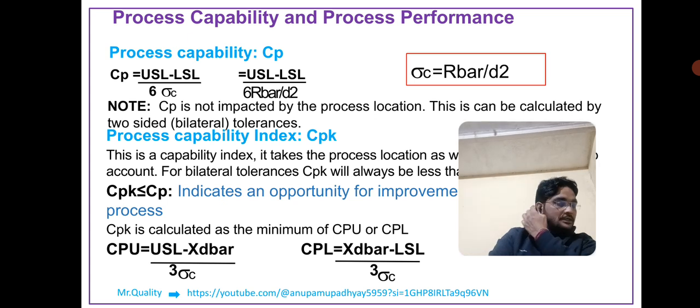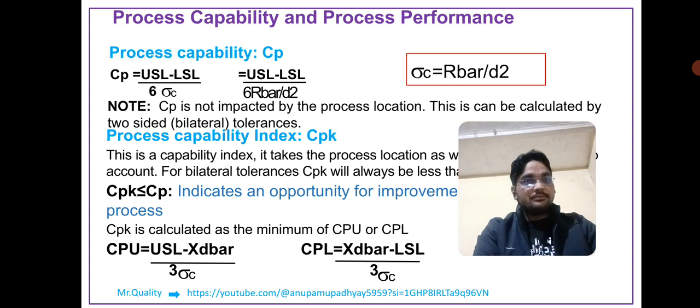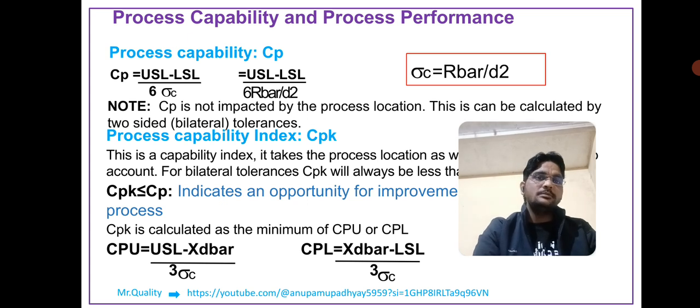If we consider process location, meaning the average of all the measurements, Cp is not impacted by it, but your spread does impact Cp. If your spread is tight, then Cp will be okay, even if the center of the values is outside the tolerance.